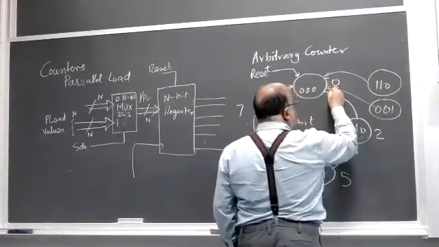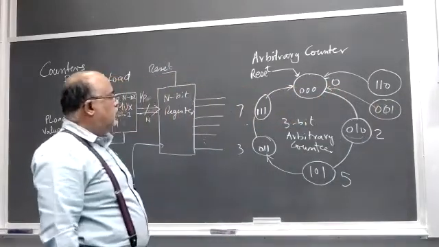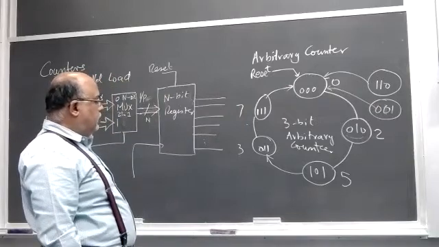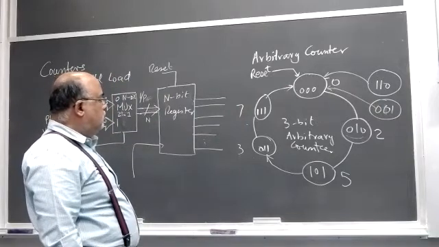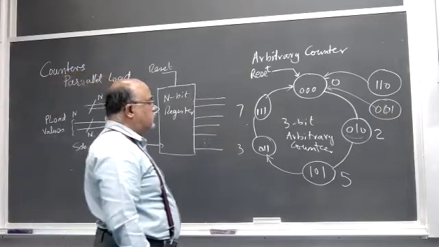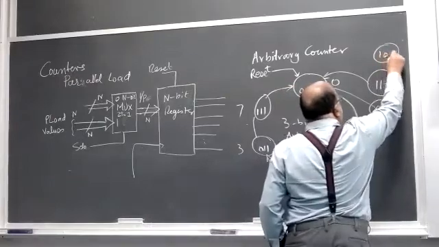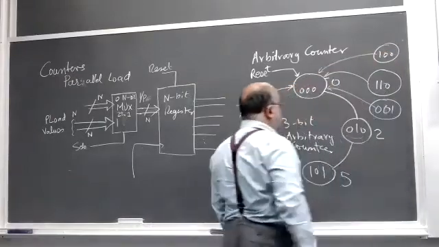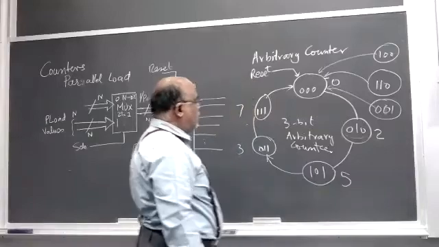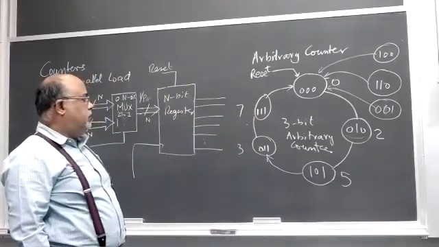Any unused value should make it come here. Any other unused value? 1, 0, 0, 0 is also there. I can draw that if you like. 1, 0, 0. So this is an arbitrary sequence generator.